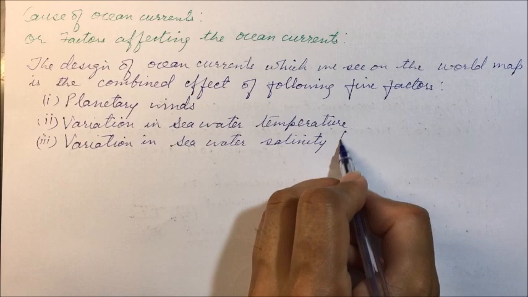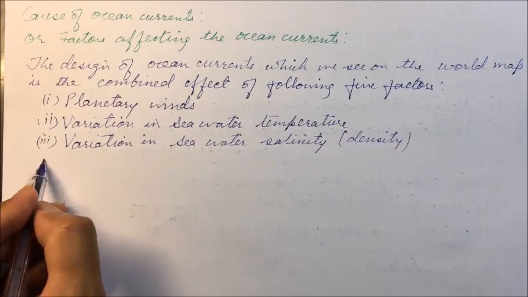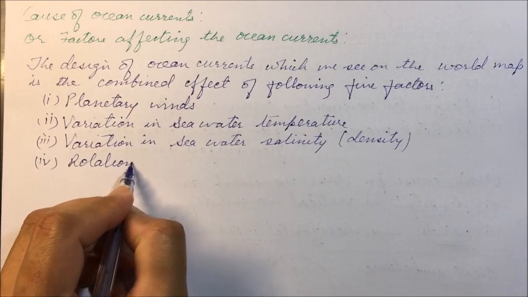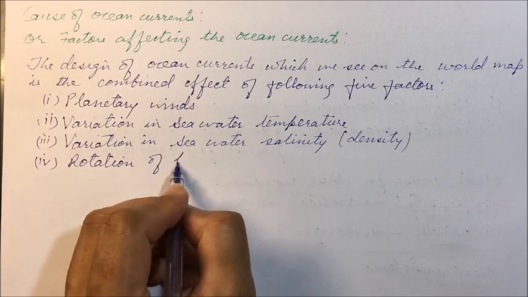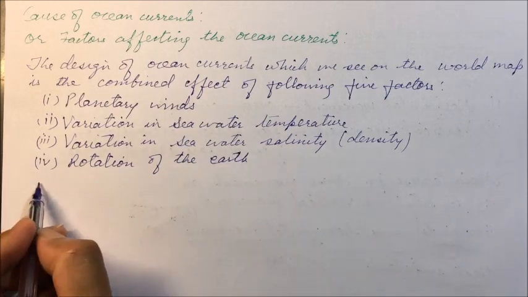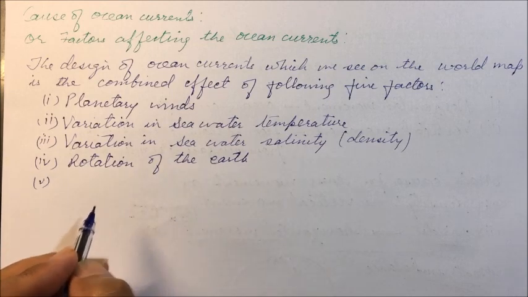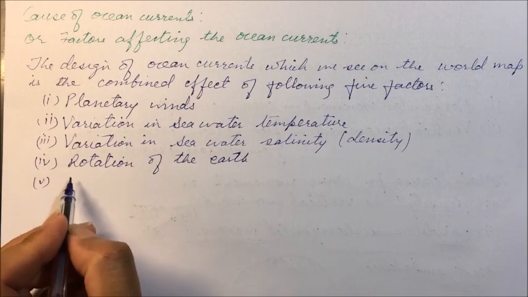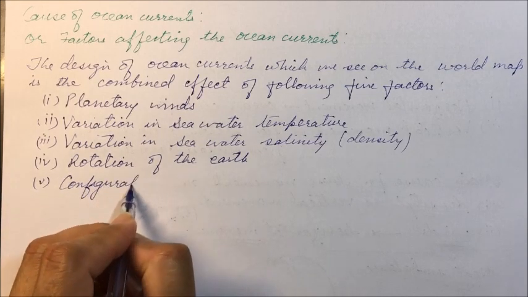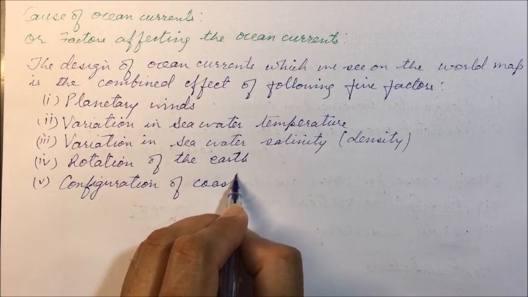So it's the variation in density of water. Fourth is rotation of the earth. And the last, fifth, configuration of the coastline, the shape of the coastline, how they have been arranged. So configuration of coastlines.